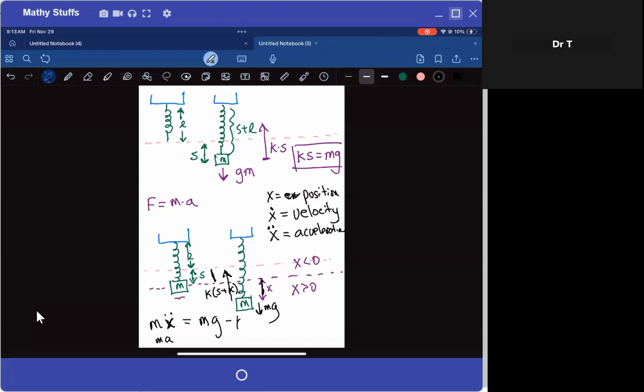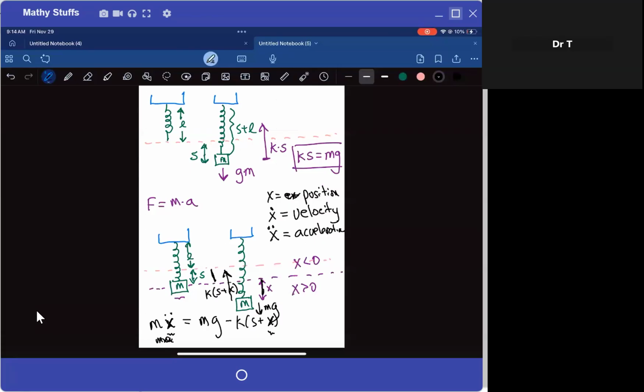I've got k times s plus extension past our equilibrium position. So check that out. I've got this nice equation down here now that relates the position of the mass to its acceleration due to the forces acting on this system.